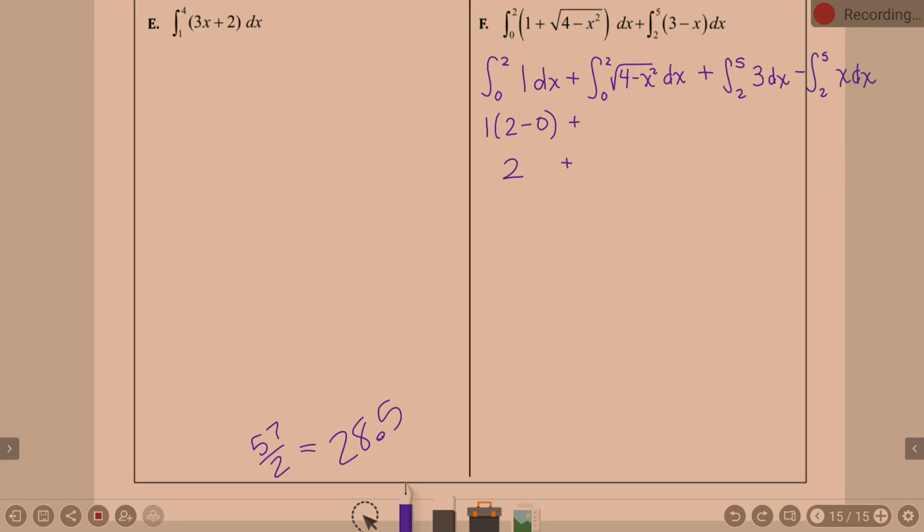The integral from 0 to 2 of the square root of 4 minus x squared. That's the circle thing. We have to talk, this is part of a circle. It's from 0 to 2. I see you guys flipping back.